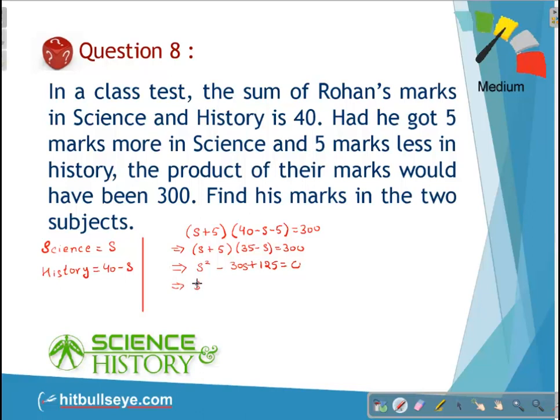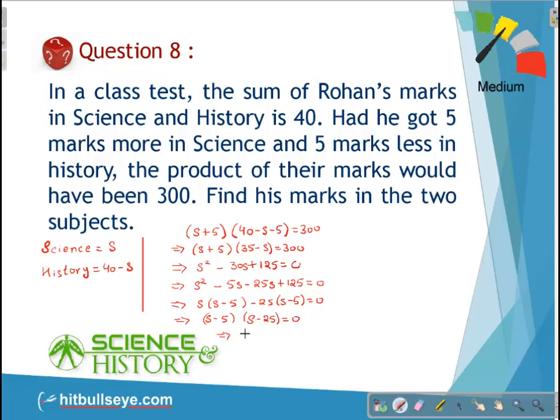That means S square minus 5S minus 25S plus 125 equal to 0, which on taking out common values, I'll get S minus 5 minus 25 into S minus 5 equals to 0, or (S minus 5)(S minus 25) equals to 0.